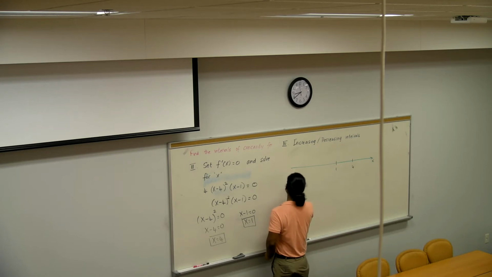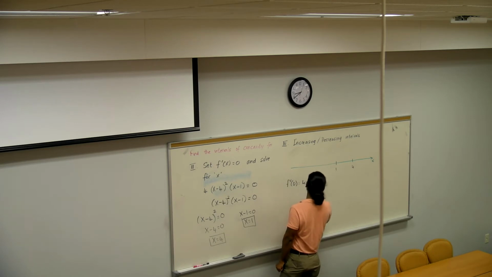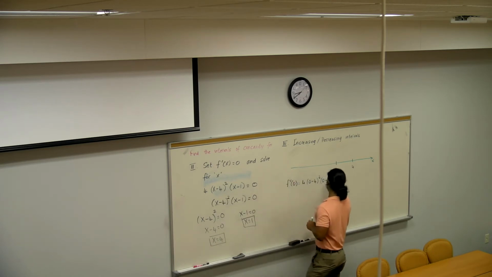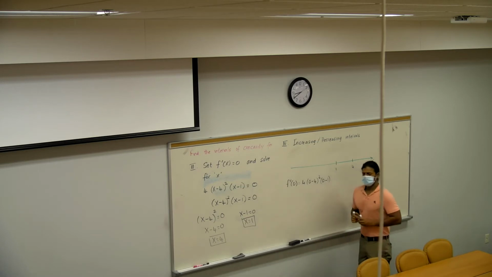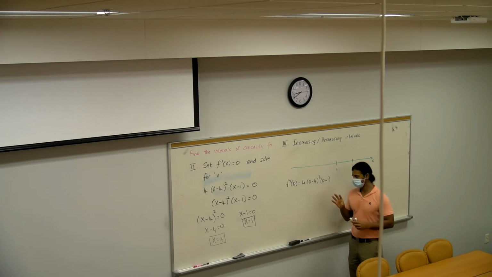So, f prime of 0 would be 4 times 0 minus 4 squared times 0 minus 1. Now, I've seen students sit and evaluate the exact value of this expression. In a problem like this, it is not necessary.